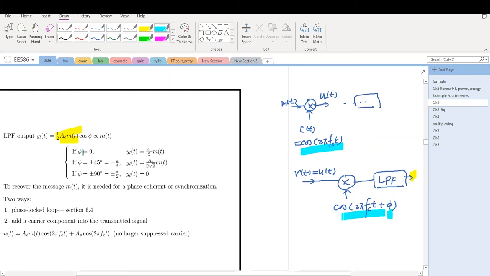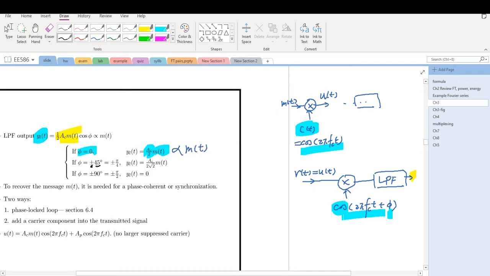Okay, let's say phi equals 0, which means that this carrier at the transmitter and this cosine signal at the receiver are perfectly synchronized. Although it is very hard to do, somehow let's assume it is synchronized. So phi equals 0. In this case, the output is exactly proportional to m(t) without any other parameters.